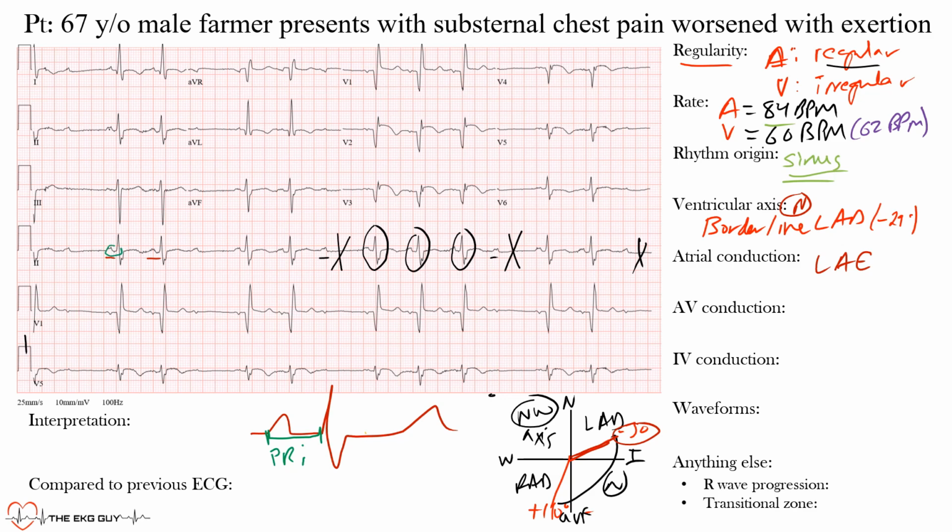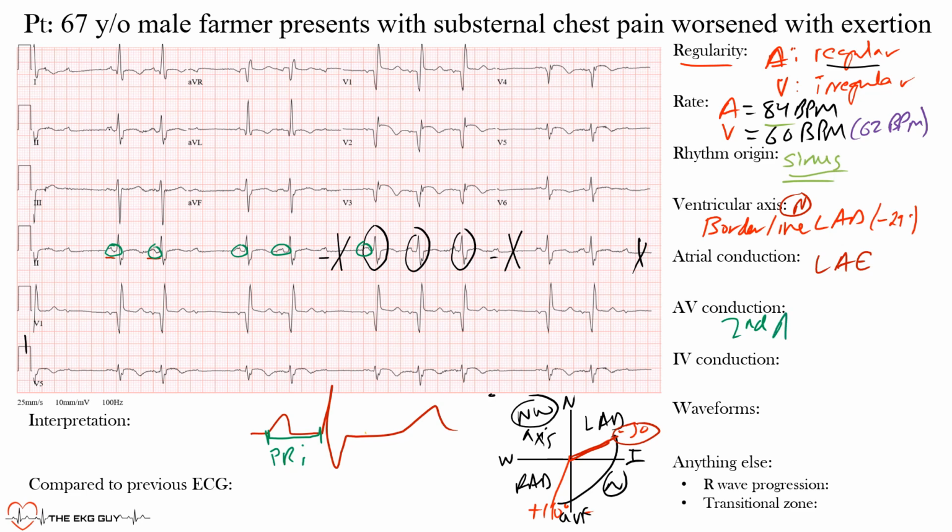And why that's important is because if they weren't constant and you saw dropped beats, it could indicate a third degree AV block or a Wenckebach block, okay? But because you have these constant PR intervals and then intermittently you have dropped beats, this is what we call a second degree AV block, Mobitz type 2, okay?